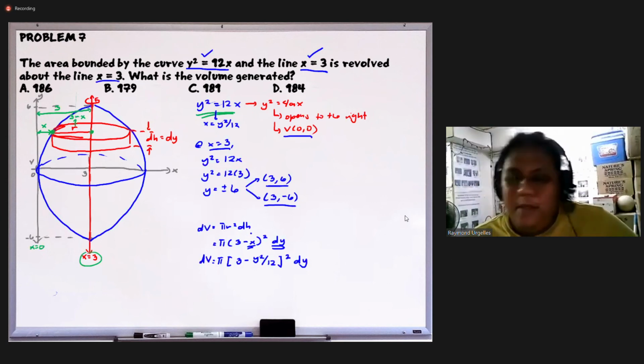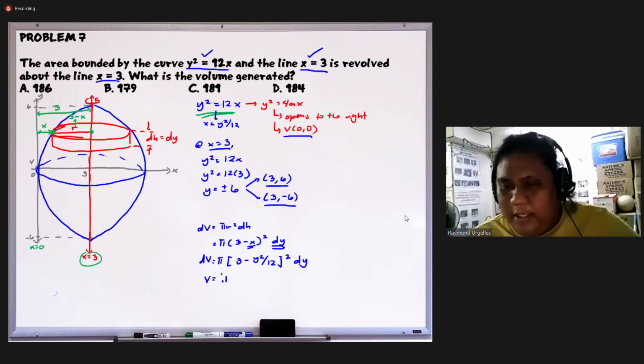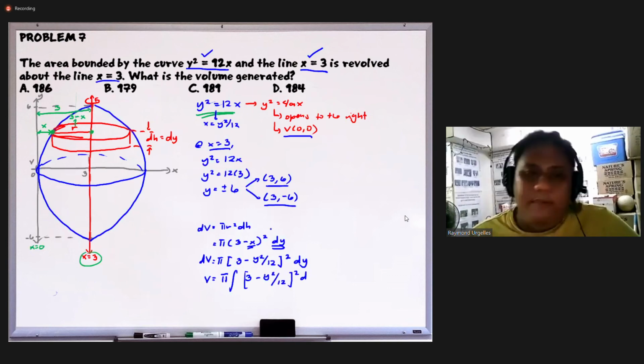Then solving for the volume, since we have only one variable, we can now solve it. This will be the integral of 3 minus y squared over 12, quantity squared, dy. What are our limits of integration?